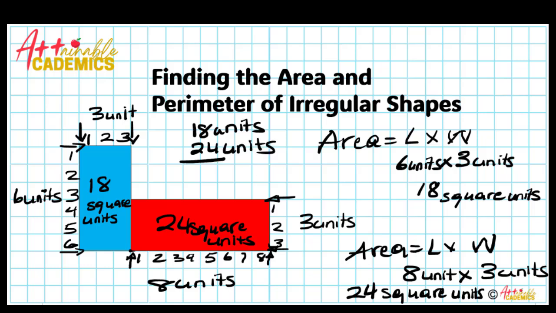Put those together and see what you get. Did you happen to get 42? Because if you did, that's what I got too. 42 square units in all.